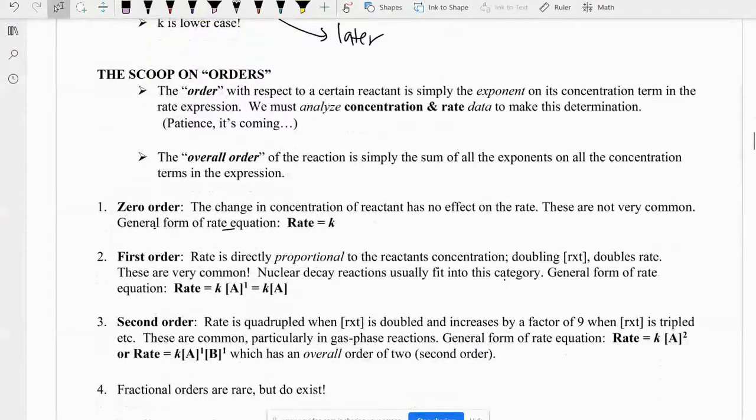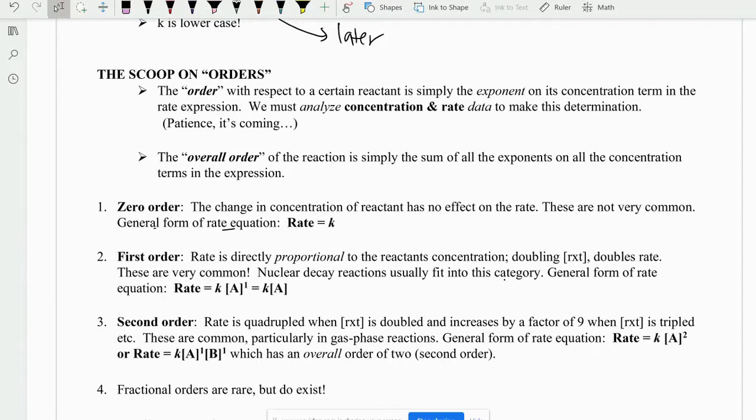Now, let me give you a little bit more on orders, the scoop on orders. When we say the word order, we're talking about with respect to a certain reactant. And this is simply the exponent, and it's occurring right outside the concentration brackets for that particular reactant in the rate expression.